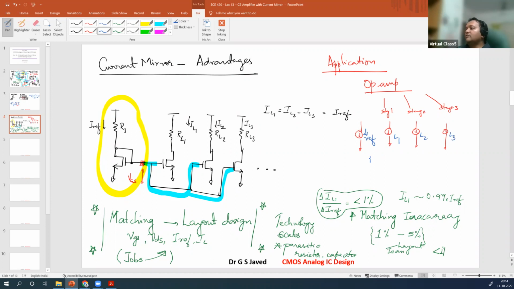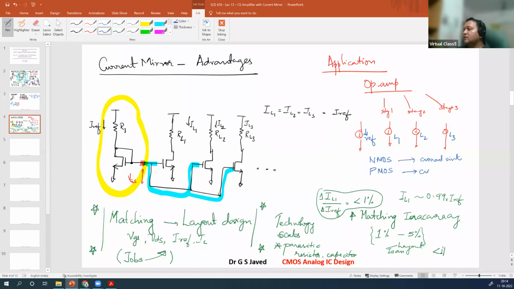In some cases you will have only NMOS current source, meaning you will only have a current sink. And in some cases you will have both NMOS and PMOS, where you will do a mirroring. That is, from NMOS you will mirror to PMOS, and then PMOS will give a current.